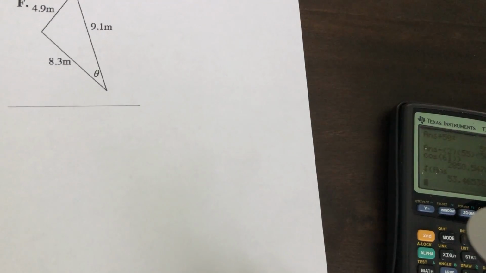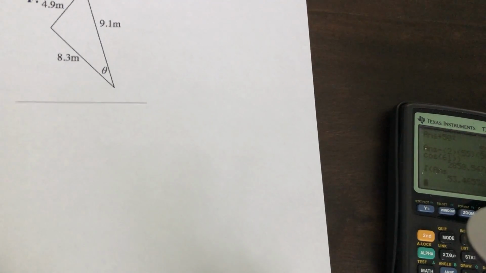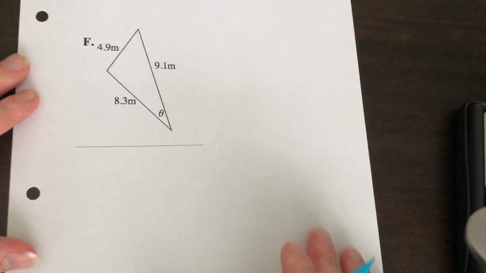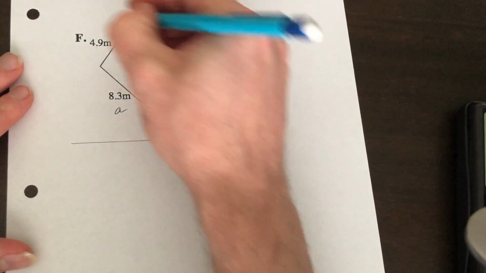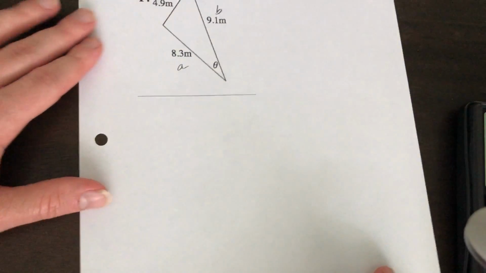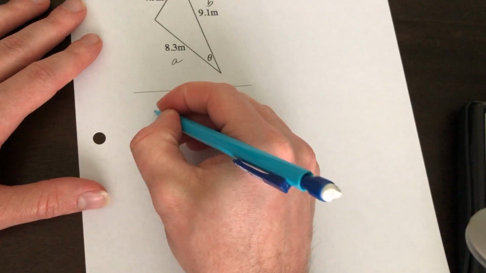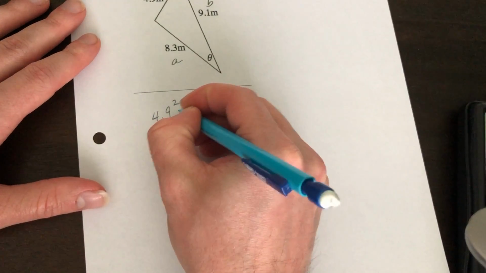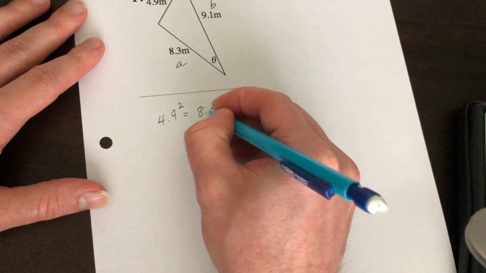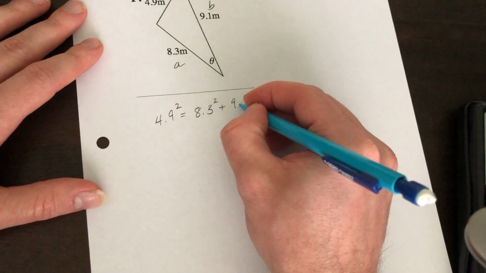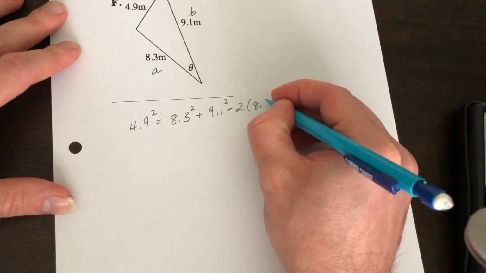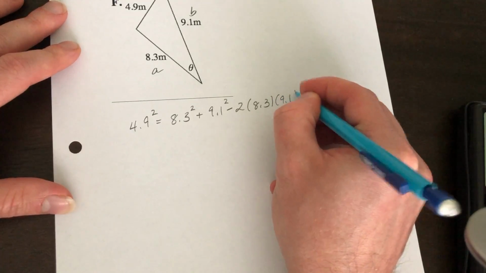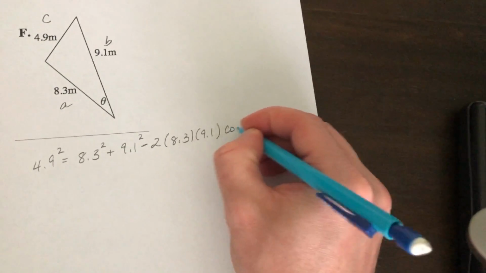And the last example problem. Okay, so we're looking for theta, and we have three sides. So this is going to be A, this is your B, and this is your C. So we're going to set it up as 4.9 squared is equal to 8.3 squared plus 9.1 squared minus 2 times 8.3 times 9.1 cosine of theta.